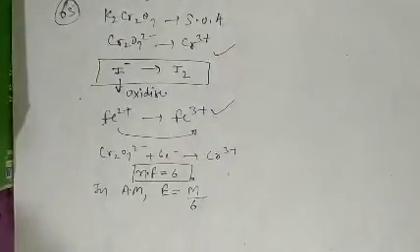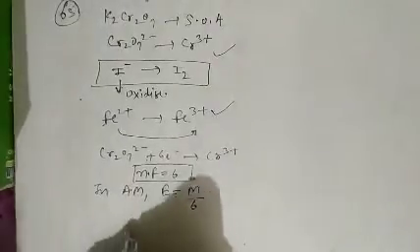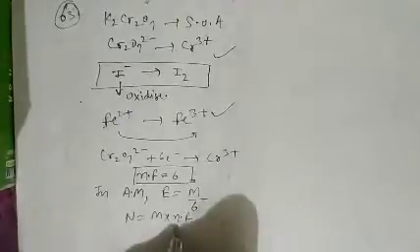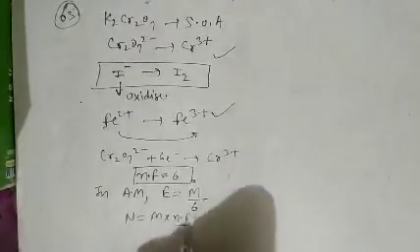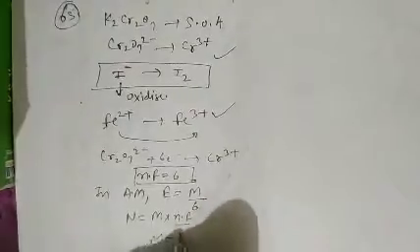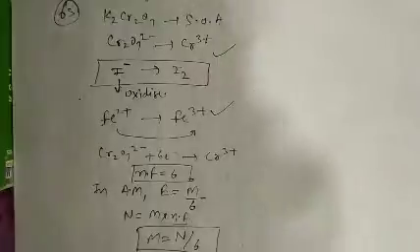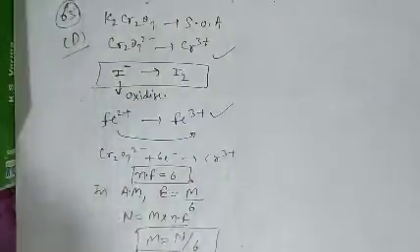As we know, normality is molarity into N factor. So N factor is 6, so molarity will be normality divided by 6. So all the options are correct. Question number 65, all of the above, option D is correct.